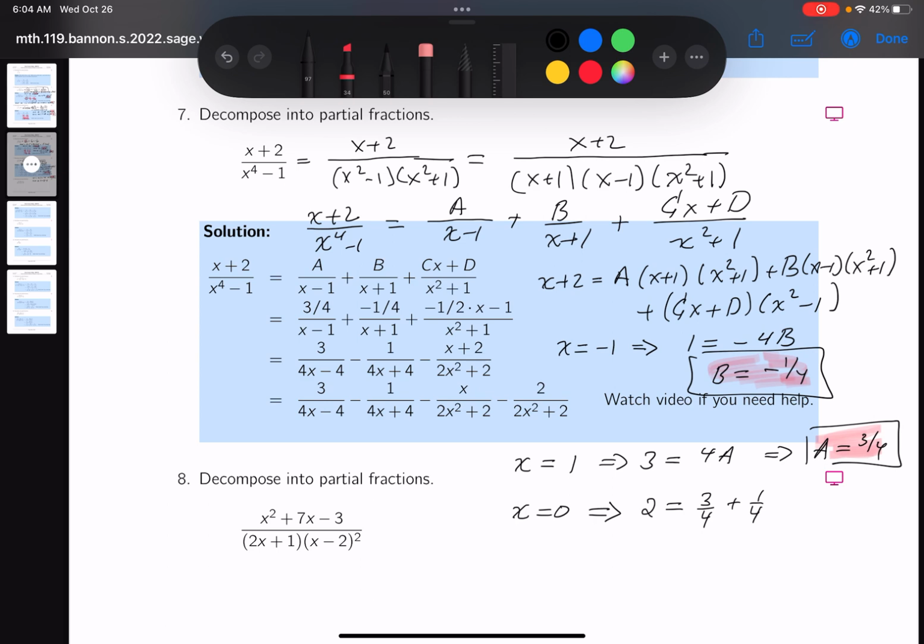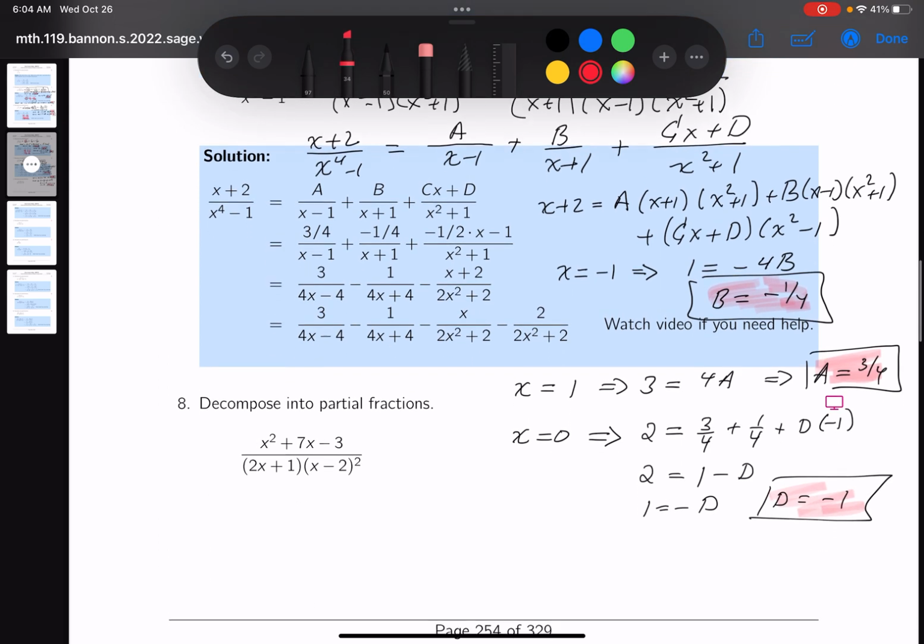And then the C disappears, and you're left with D times minus 1. I think I can figure this out. 2 equals 1 minus D. You're going to take 1 from both sides. You get 1 equals minus D. So D is minus 1. Put a box in this. I'm going to highlight that for you.